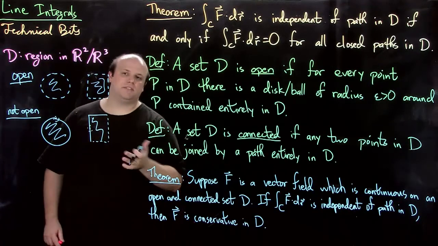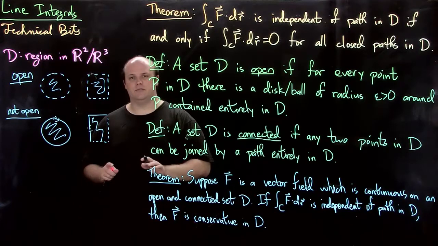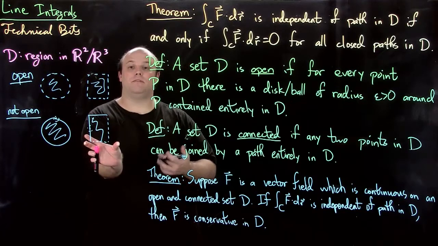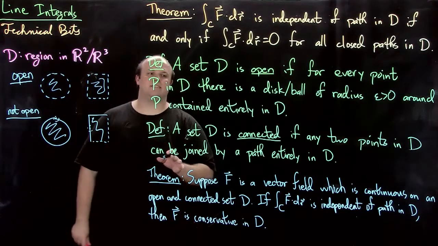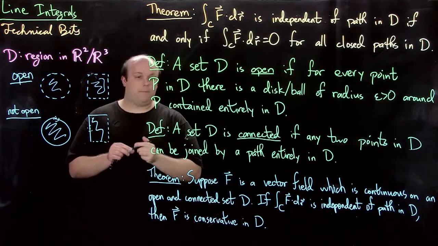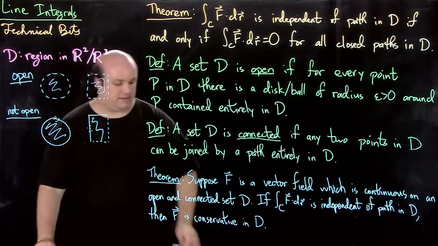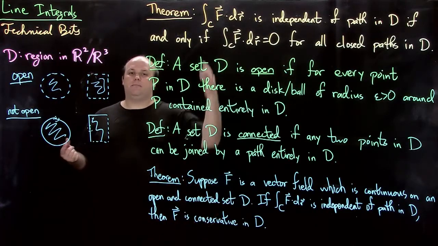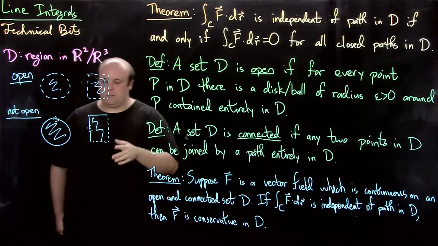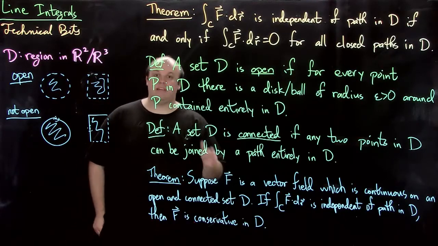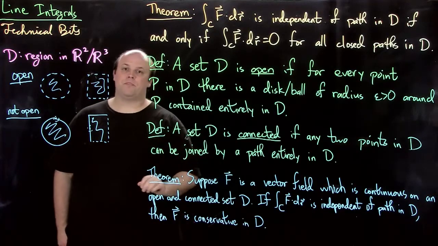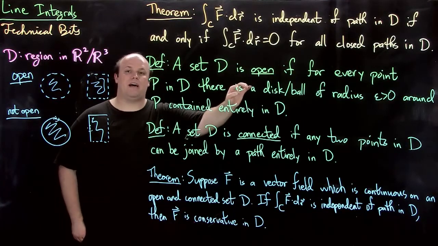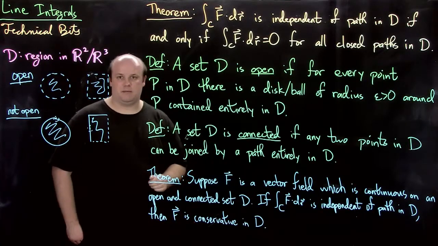I want to point out that the opposite of open isn't actually closed. So this is an example of a closed thing, and this is something that's neither open nor closed, in the sense of what open means. Then we can talk about a region or set being connected. That means if you have two points in that set, then there's some way to walk from point A to point B without ever leaving the set D. You can draw out that path in the region, and that's what it's talking about here.